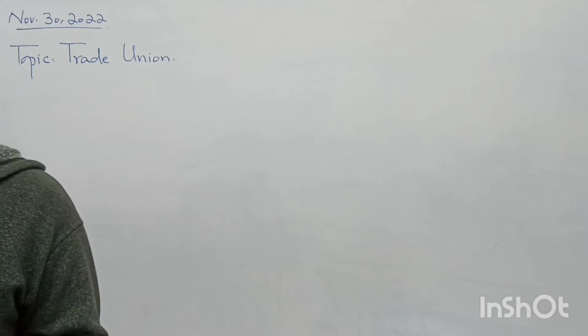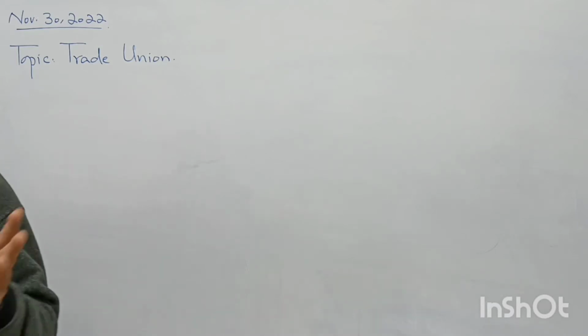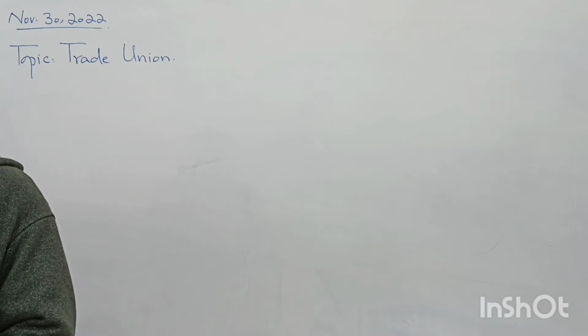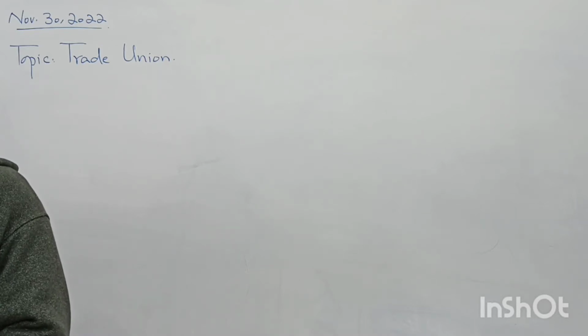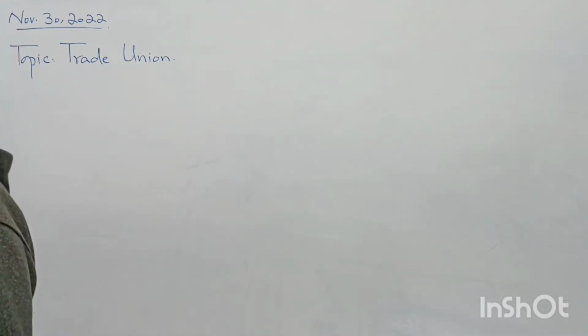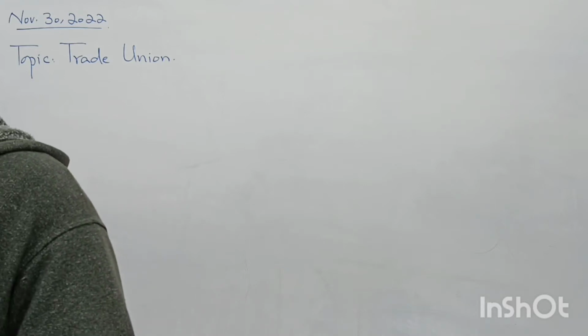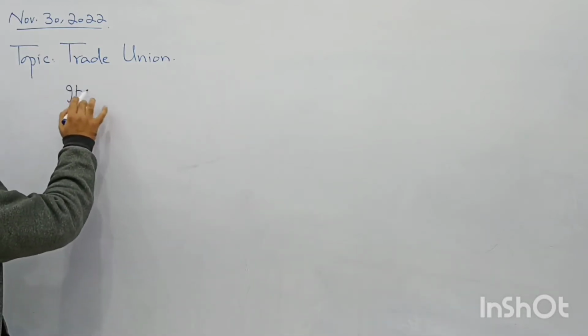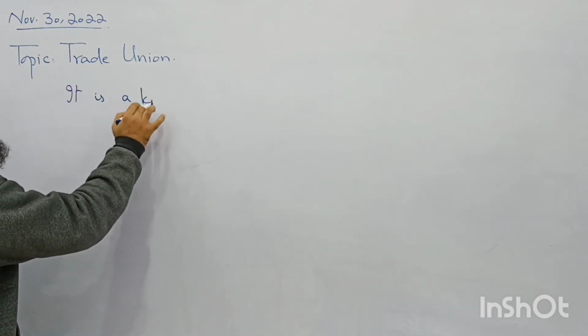So in that way the workers will realize their strength if they are joined together, instead of having a single worker negotiate with the employer. So trade union means when workers join with each other in order to achieve their common objectives.